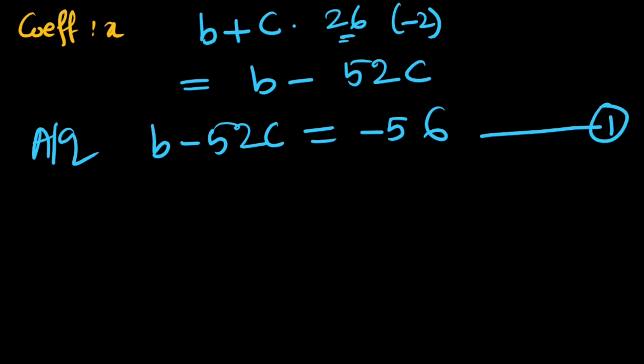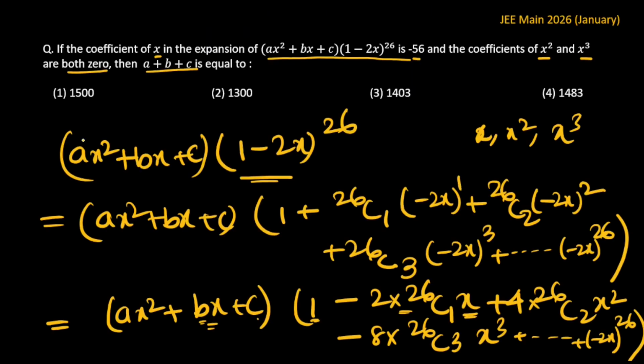Now we find the coefficient of x square. Here x square and here x square. So we multiply c by this term, then we get the coefficient of x square, and we multiply a by this term 1, then we get the coefficient of x square, and also we multiply the x term and this x term, then we get the coefficient of x square.